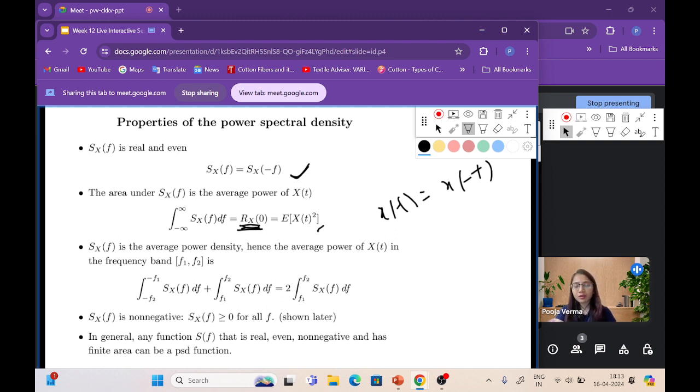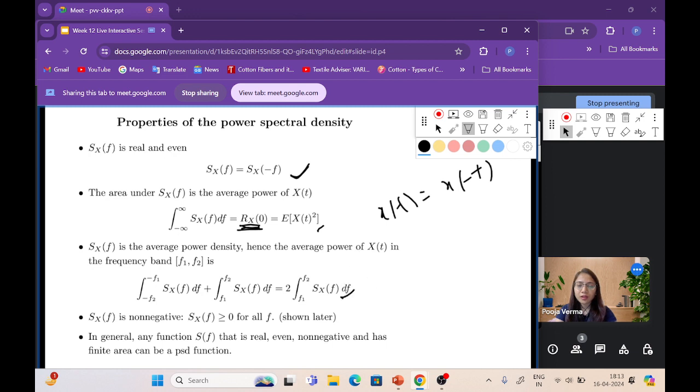The third property of the power spectral density is that Sx of f is the average power density, hence the average power of x(t) in the frequency band f1 to f2 is the integral from minus f2 to minus f1 of Sx(f) df plus the integral from f1 to f2 of Sx(f) df, which is equal to 2 times the integral from f1 to f2 of Sx(f) df.